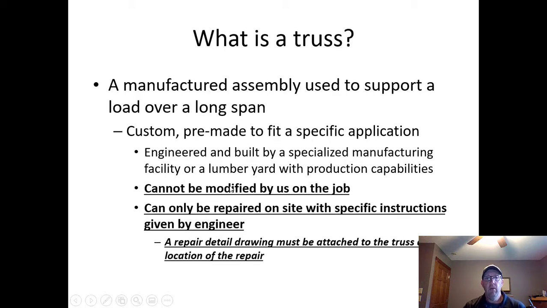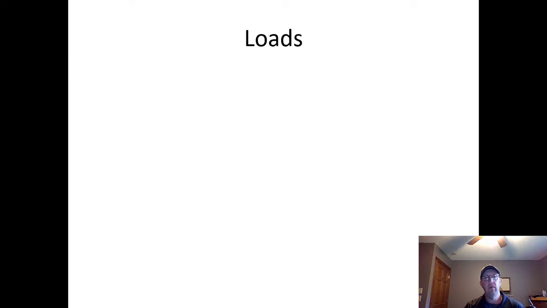And then there's other information here. So they can't be modified by us. They can only be repaired with specific instructions given by an engineer. So an example would be if a truss gets damaged out in the job site somehow, we have to call the truss manufacturer company and then get a truss repair for that specific truss.